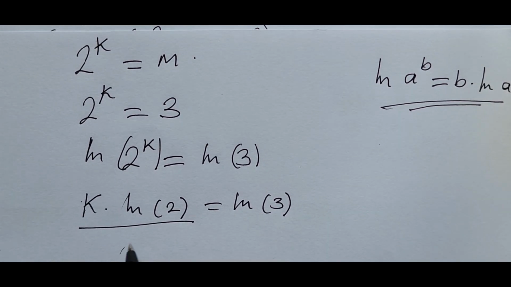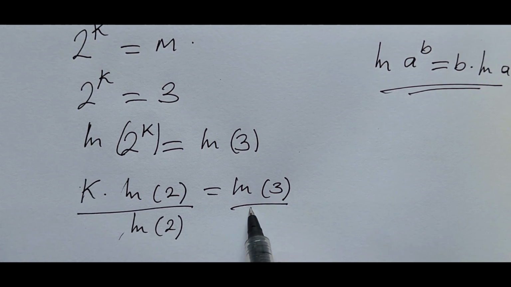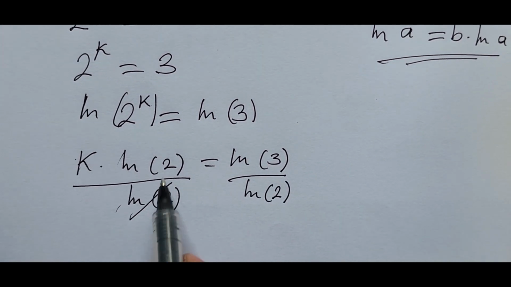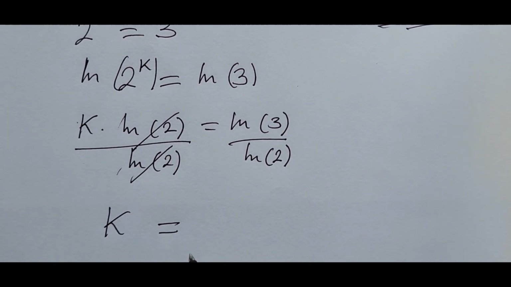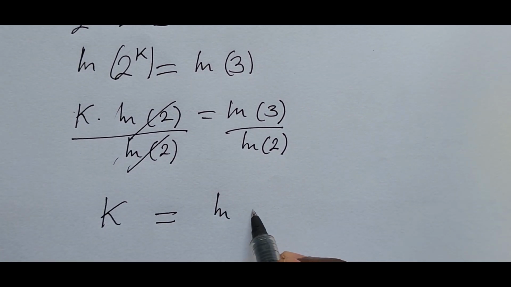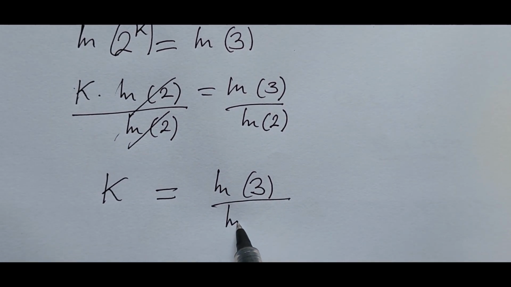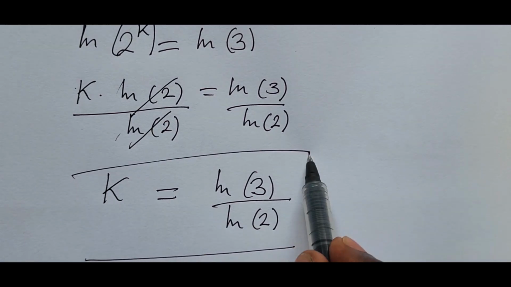We divide both sides by ln 2, so k is equal to ln 3 over ln 2. This is the final answer to our equation.